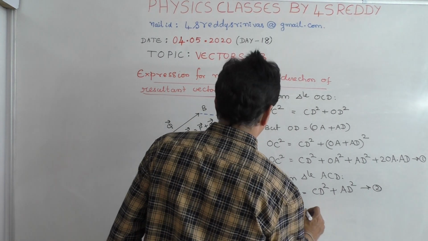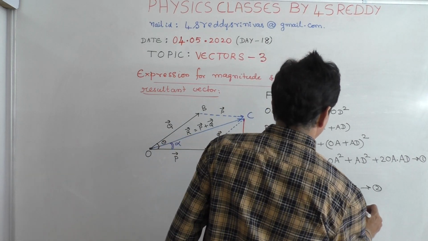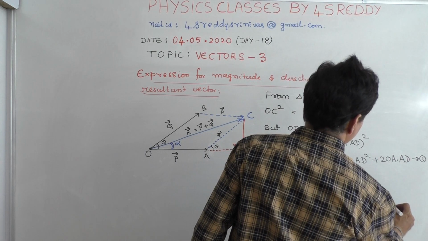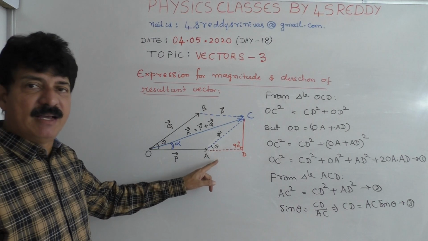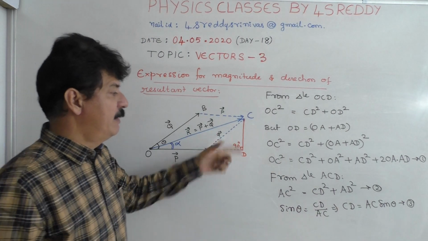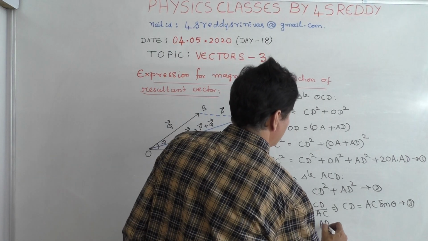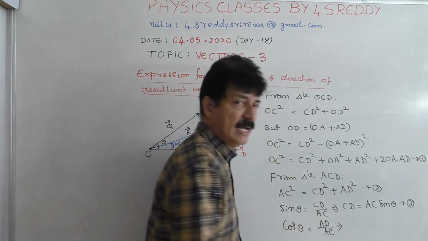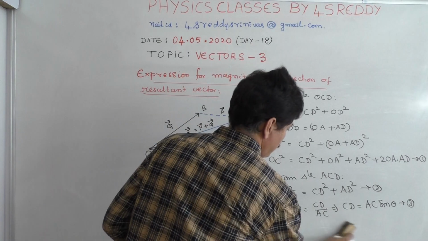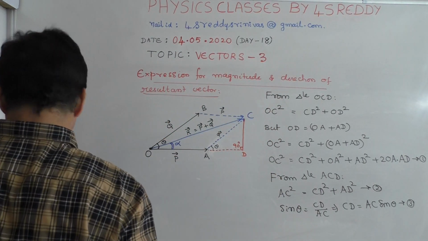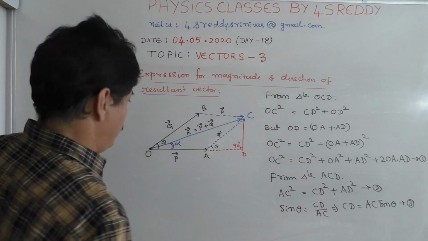Sine theta equals CD by AC, which implies CD equals AC sine theta. And cos theta is given by how much? AD by AC. Cos theta equals AD by AC. From this diagram, cos theta is nothing but AD by AC.